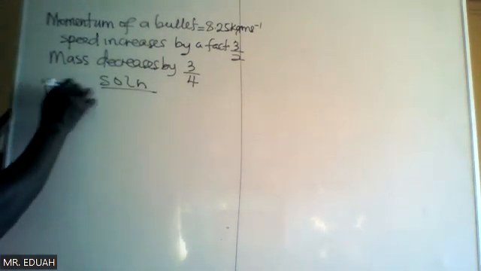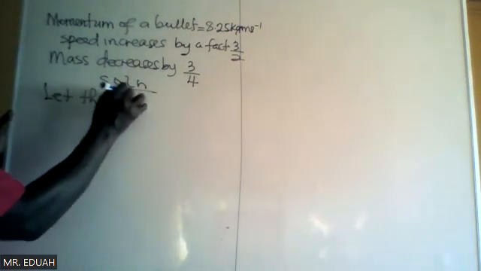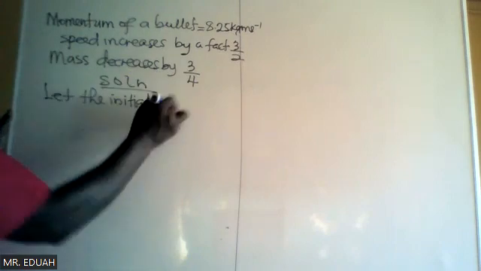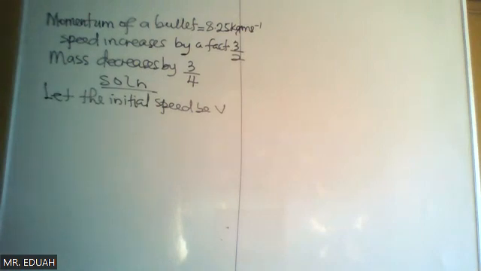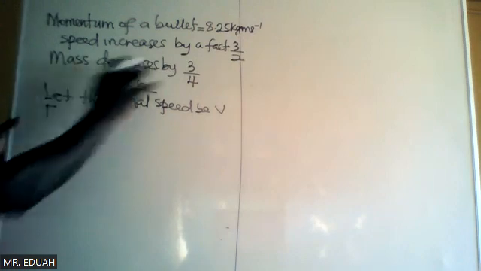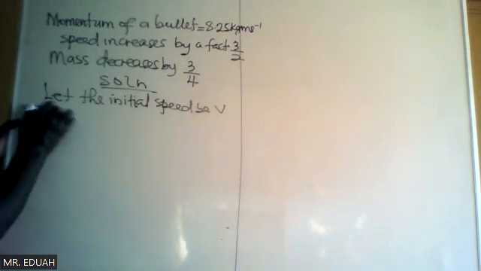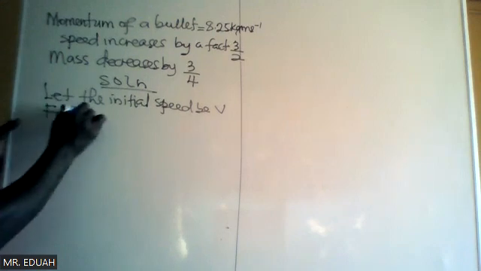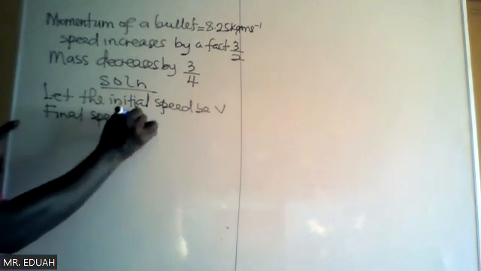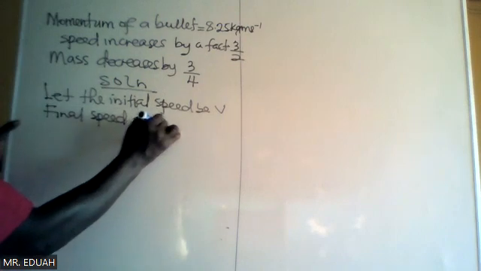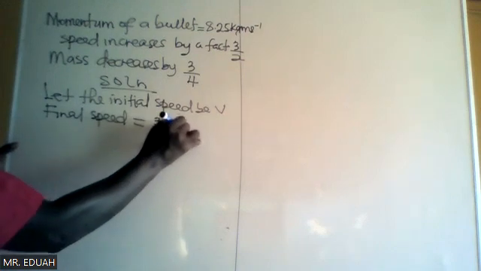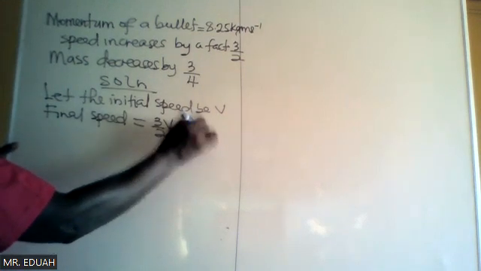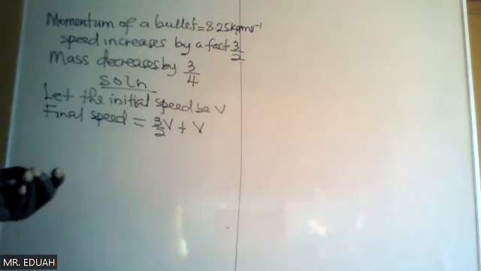Let the initial speed be V. If this is being increased by a factor of 3/2, then the final speed is equal to 3/2 of V plus the initial speed V. So this is the total.